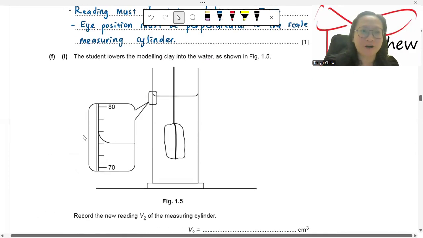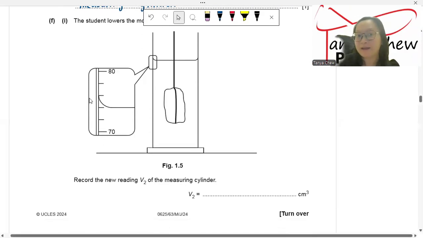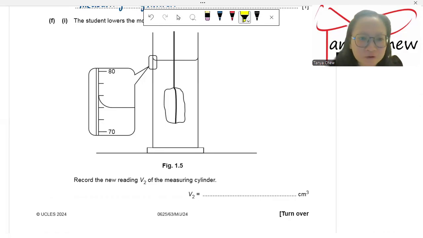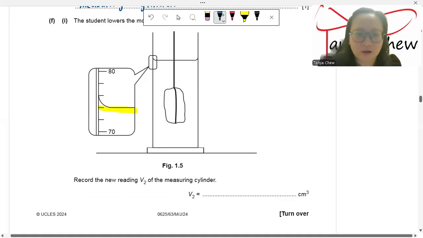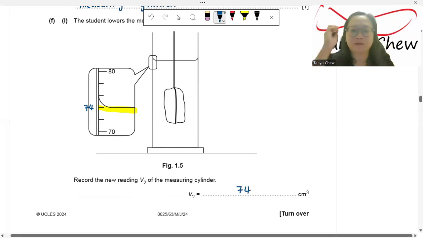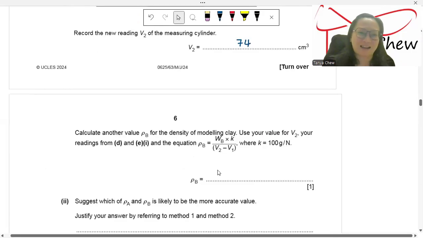F, first part, the student lowers the modeling clay into the water as shown in Fig 1.5. Record the new reading, V2 of the measuring cylinder. Again, this is below the meniscus. You have to take this reading. This is 70, this is 72, and this is 74. Therefore, V2 is 74 cm cube.